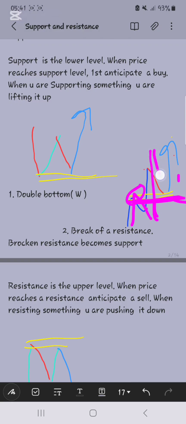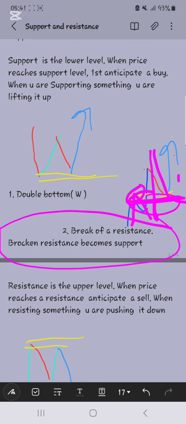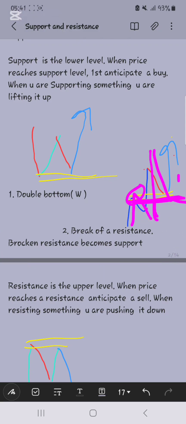When the market pulls back to that area, it now acts as a support. So a broken resistance becomes a support when the market comes back to it. We're going to be anticipating our buys, because it's now acting as a support area since this resistance was broken.